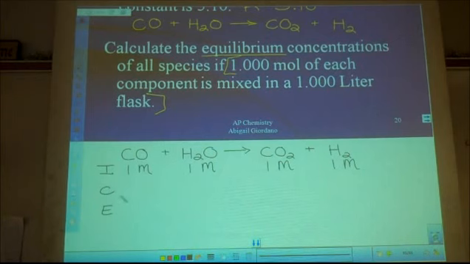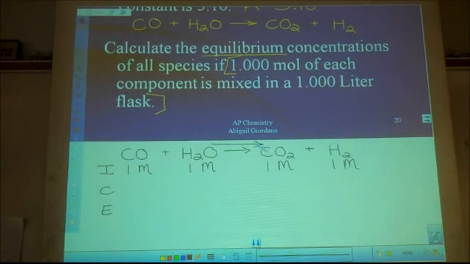Okay. What does C stand for? Change, okay? And last class we said most problems you can make an assumption about which way this reaction is going to move. Which way should I assume? All right, let's assume it shifts to the right, and I'll review with you how do you know if it's going the other way.